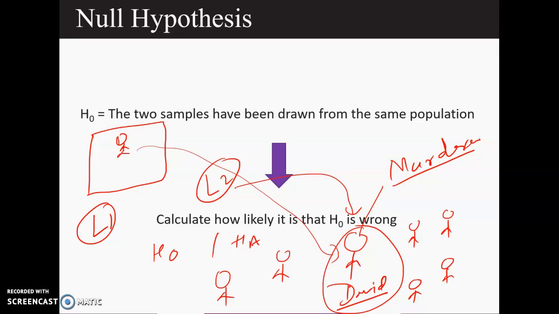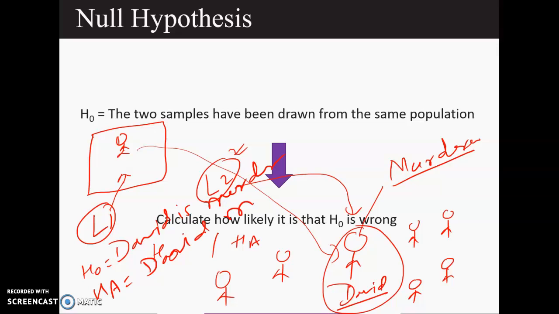Lawyer L1 will provide evidence in the court of law in favor of David, and lawyer L2 will provide evidence against David. So H0 is David is a murderer, and HA is David is not a murderer.